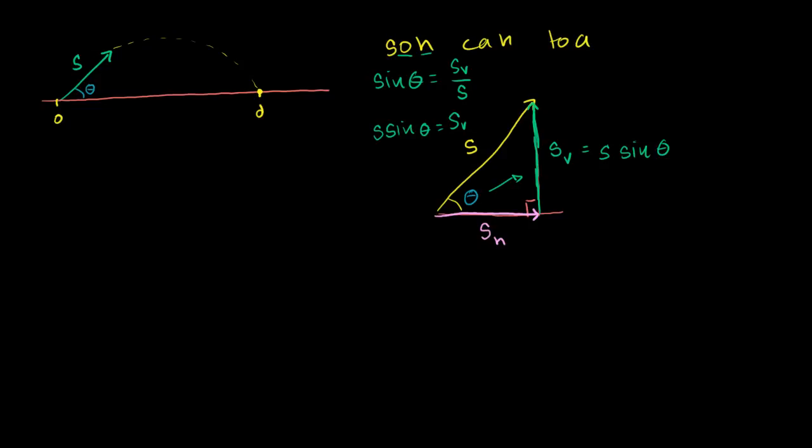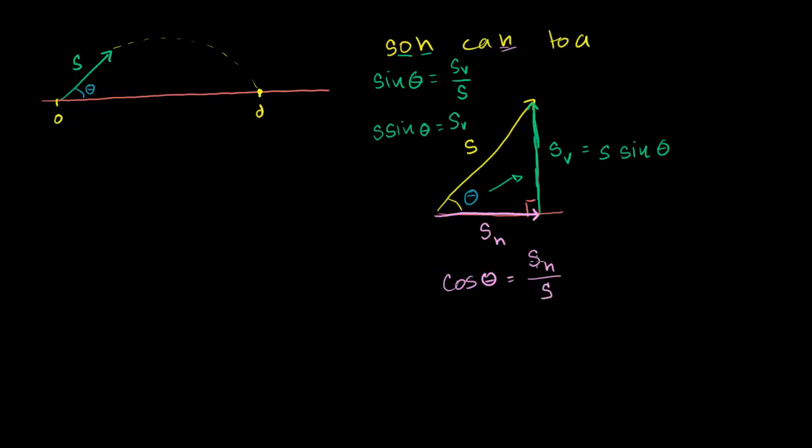And now for the horizontal component, we do the same thing, but we don't use sine anymore. This is now adjacent to the angle. So cosine deals with the adjacent side and the hypotenuse. So we could say that the cosine of theta is equal to the adjacent side to the angle, so that is the horizontal speed, over the hypotenuse. The hypotenuse is this length right here, s.